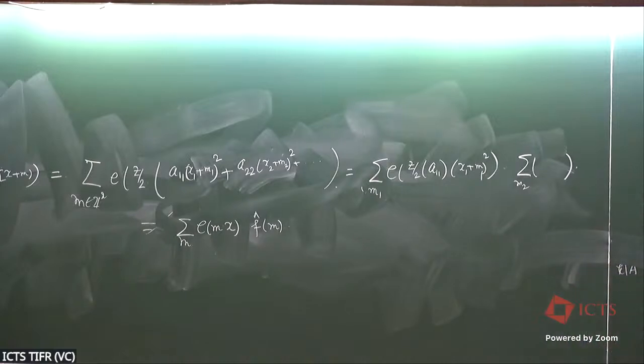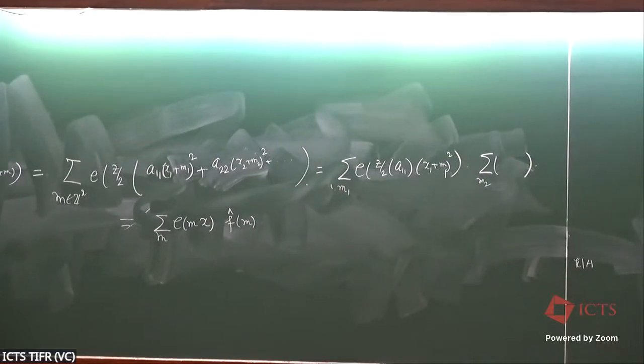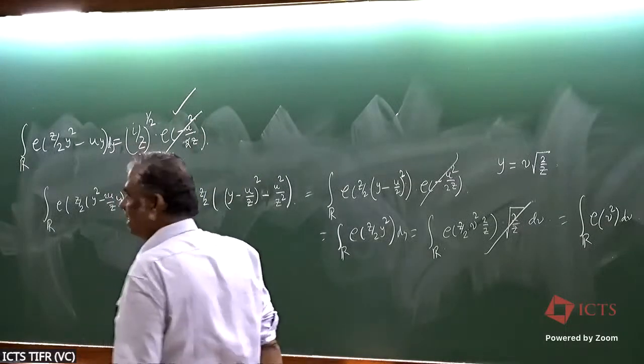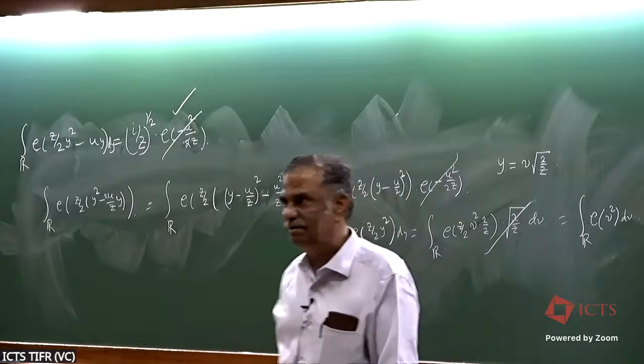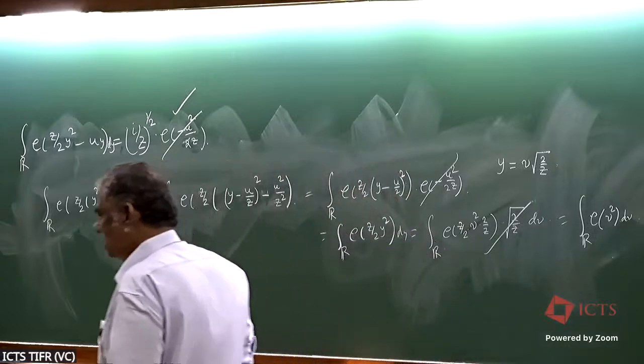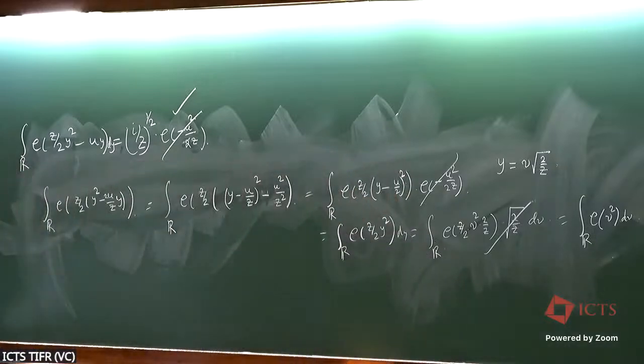Is it okay? Up to that it's clear; I've done nothing new, I just used the Poisson summation. Because it's diagonal, it splits into one-dimensional factors. Then I have to compute the f hat m, and I plan to prove that this f hat m is really an integral of that type, and that's all I need. Therefore, let's write the f hat m.